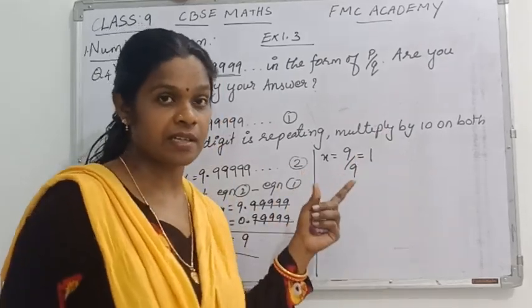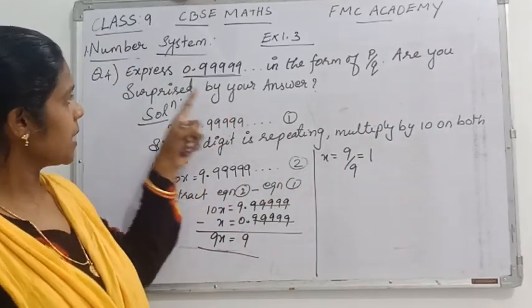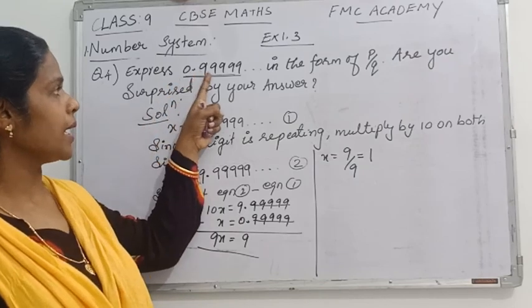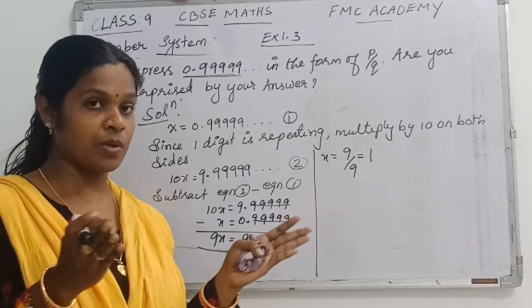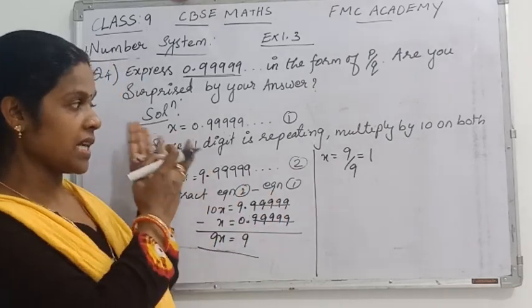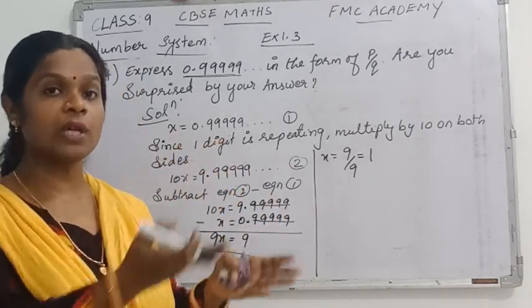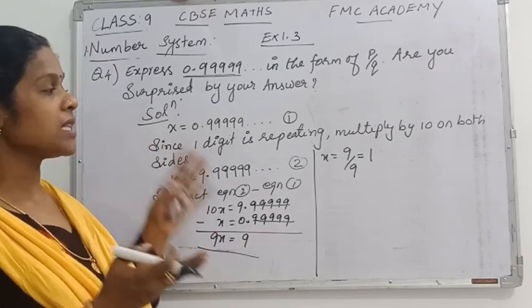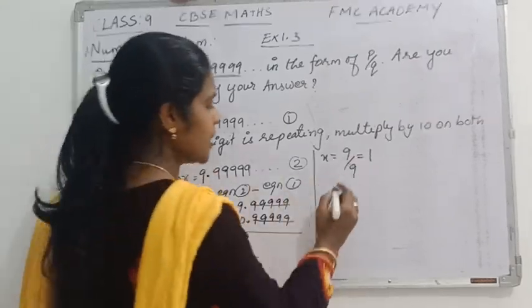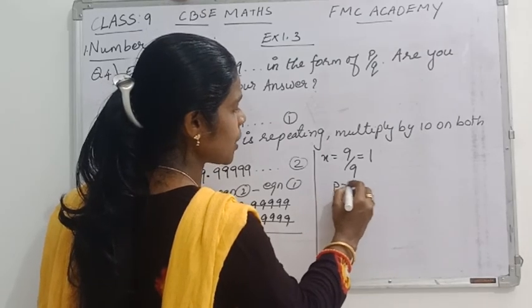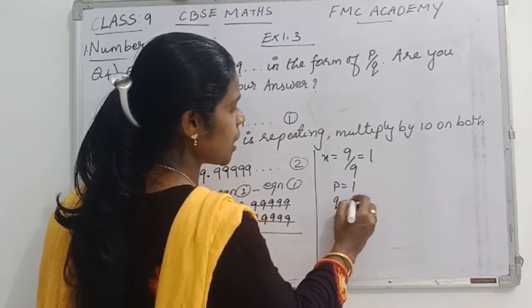So you can see the answer. It is really very interesting, because in the question we have 0.999 but actually here you are getting the answer as 1. Both answers are equal. In this one P is equal to 1 and Q is equal to 1.